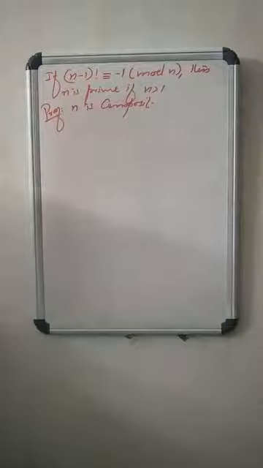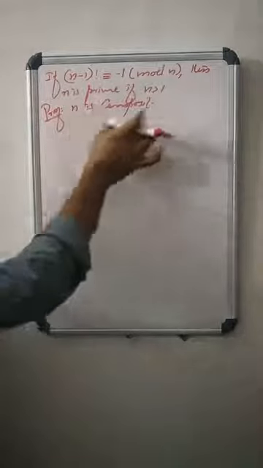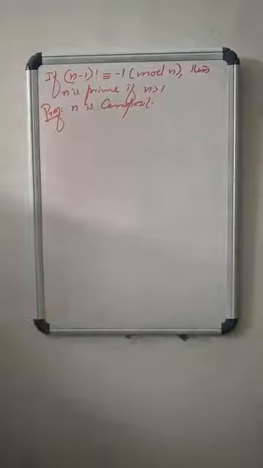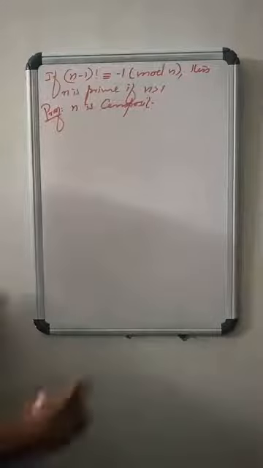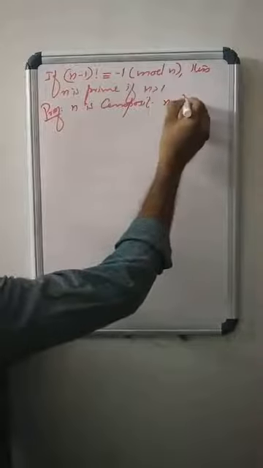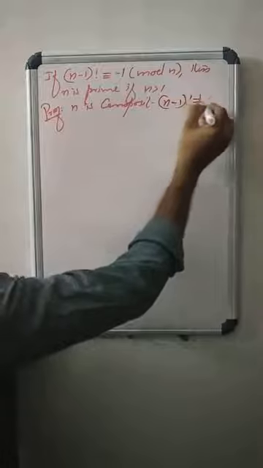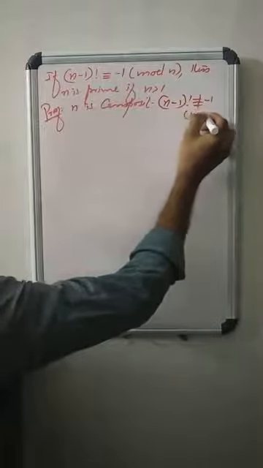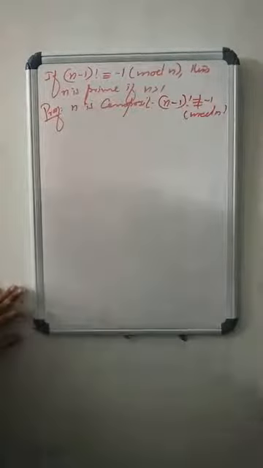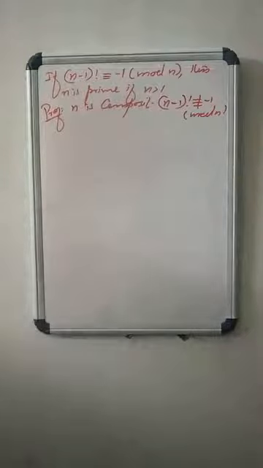When we have to show that (n-1)! is congruent to -1 mod n implies n is prime, we consider that if n is not a prime, meaning n is composite, then we have to show that (n-1)! is incongruent to -1 mod n. That is what is required.